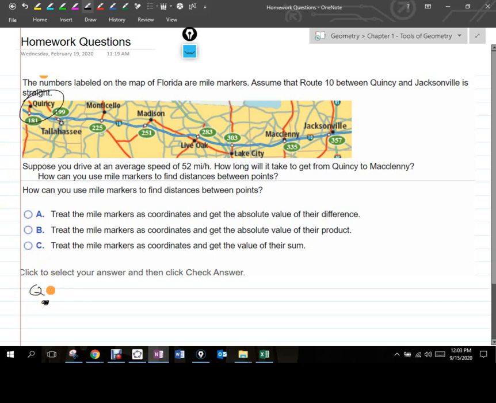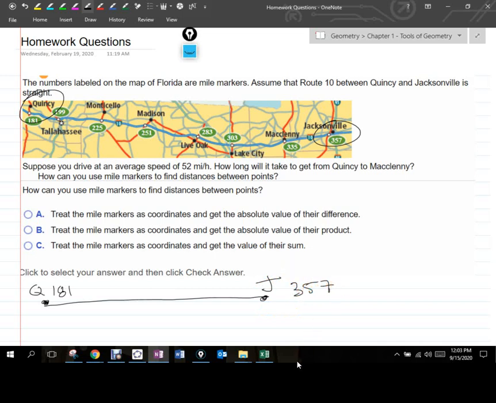Quincy, call it point Q, is located at 181. That's the mile marker. And we're going to go to Jacksonville, which is down here. So I'll make this J for Jacksonville, and that's 357. Okay? And it wants to know the distance that you're going to travel between those two things.